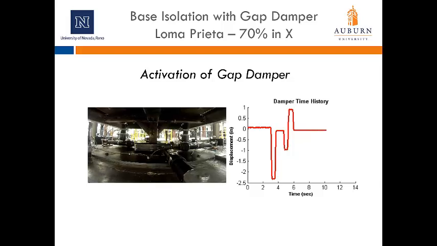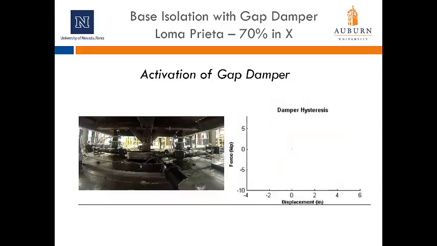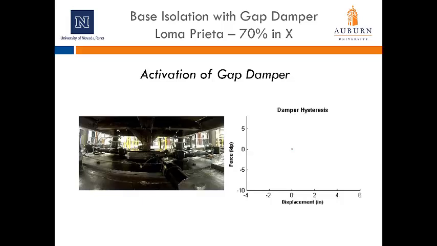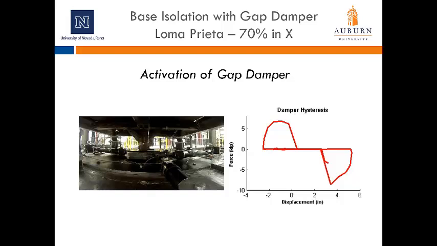So this is a relatively short motion that only activated the damper a couple of times. This video shows the same view of the gap damper configuration on the left and the damper hysteresis loop being traced out on the right. So this shows the energy dissipation being provided by the additional damping.